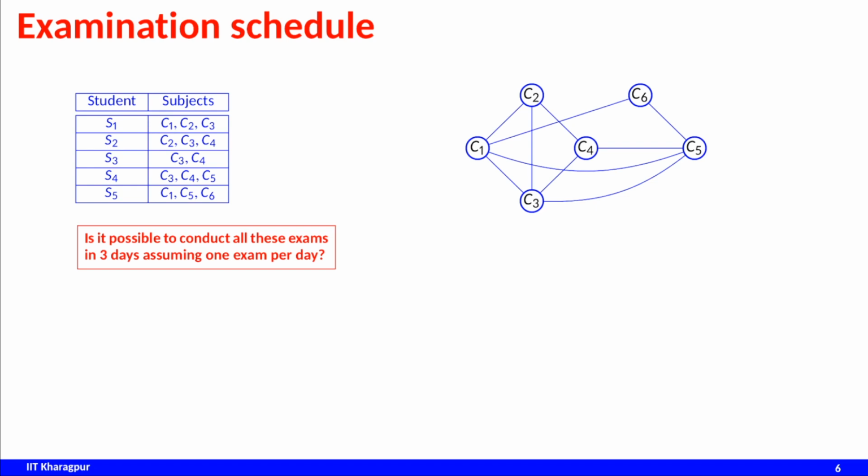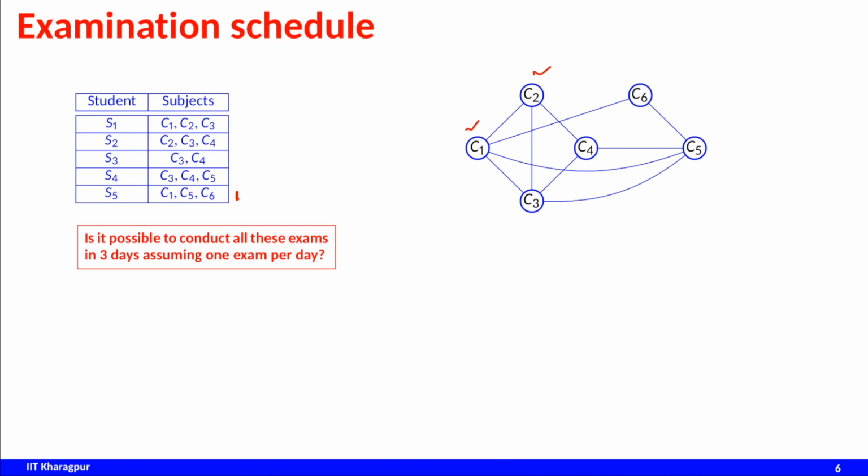Now we have the subjects C1, C2, C3, C4 up to C6. Now if two exams cannot be conducted on the same day, then we connect these two subjects with an edge. For example, C1 and C2 we cannot conduct on the same day, so we have connected them with an edge, because in that case S1 will not be able to write an exam. C1 to C6 is connected because S5 will not be able to write the two exams on the same day. So I have to ensure that C1 and C6 are scheduled on different days.